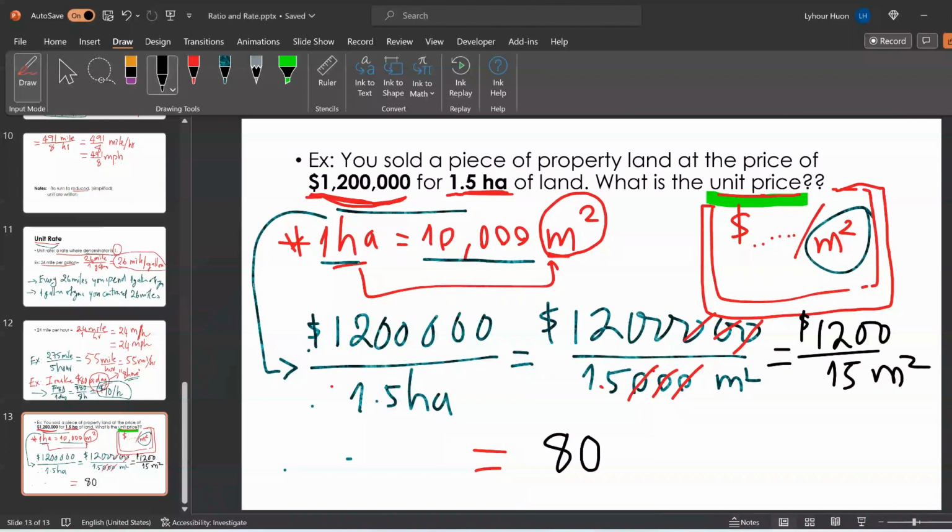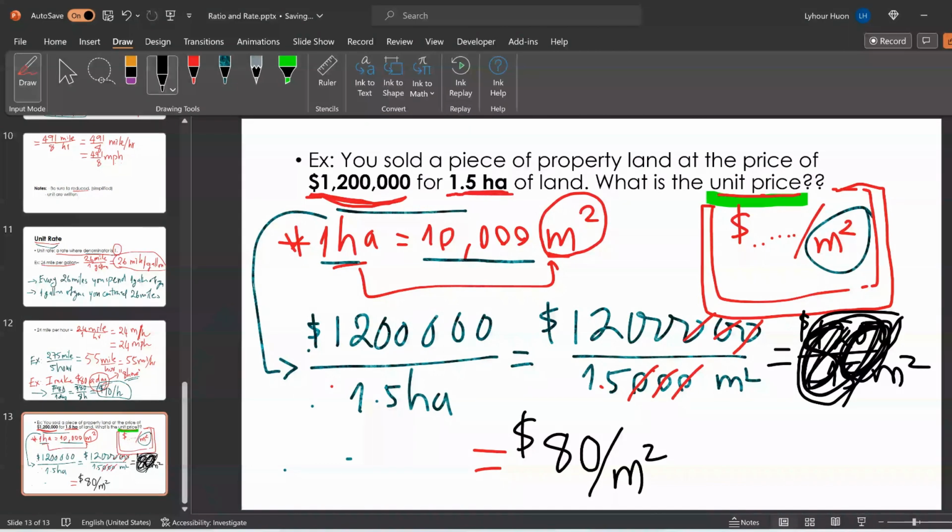One thousand two hundred divided by 15. Is it 80? 80, that is the correct answer. So 1,200 divided by 15 is 80. Now we replace this by 80. Dollars per meter square: this number is replaced by 80.